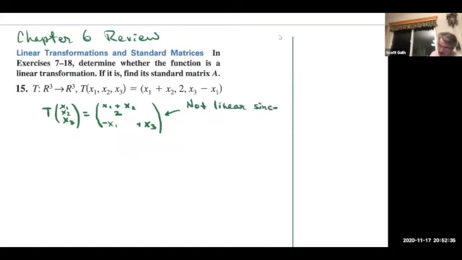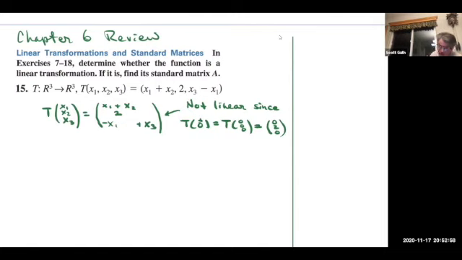since t of the 0 vector is not going to map to 0. That's t of 0, 0, 0, basically. And if you look at it, you're going to get 0, 2, 0. All linear transformations have to map 0 to 0.